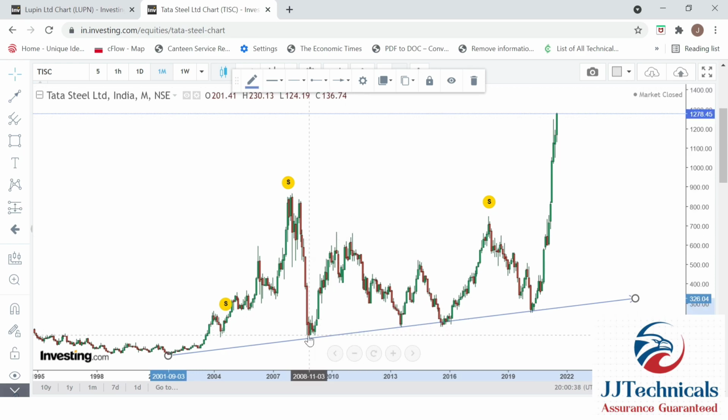It came in 2008, it went up. Again it came in 2013, it went up from 170 to 500. It's almost 3 times. And from again 200 to 700, again 3 times. And from now 270 to 1300, it is almost 5 times. In how much time frame? In almost 1.5 years it has done this.